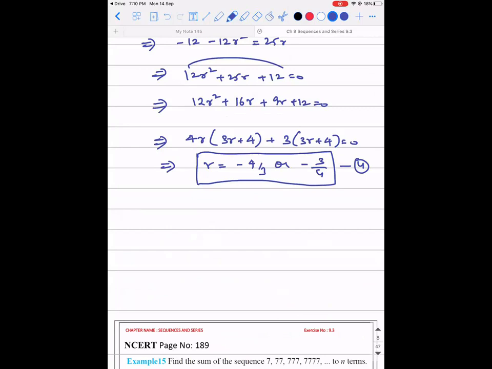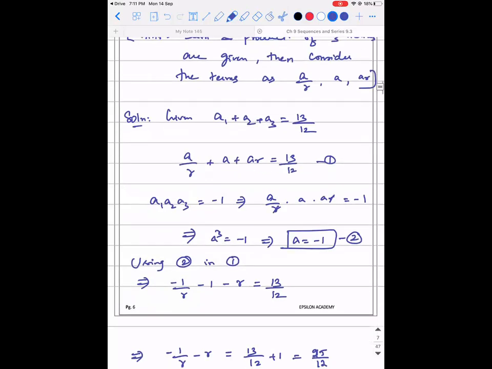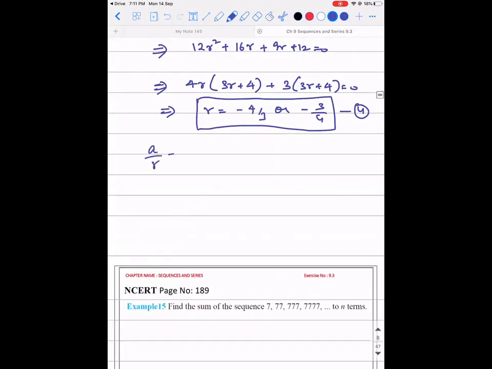I think minus 4 by 3, sir. Did you check? So what is the expression? A by R plus A plus AR should be 13 by 12. A is minus 1. So when I substitute minus 1 here, minus 1 by R plus minus 1 minus R is minus 1 divided by minus 4 by 3 minus 1 plus 4 by 3.